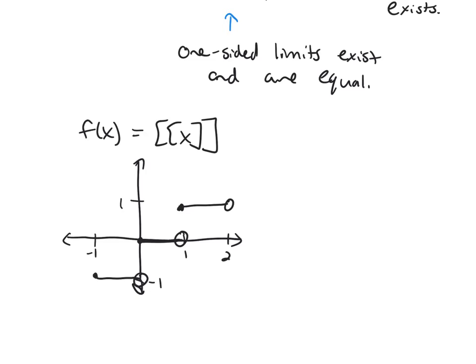Okay, so if I look at x equals 0, I know that this function is not continuous at x equals 0. Because when I draw it out, when I get closer to 0, I have to pick up my pencil.